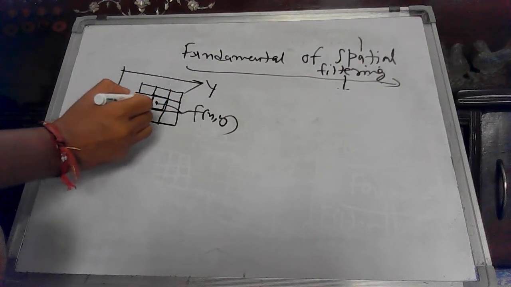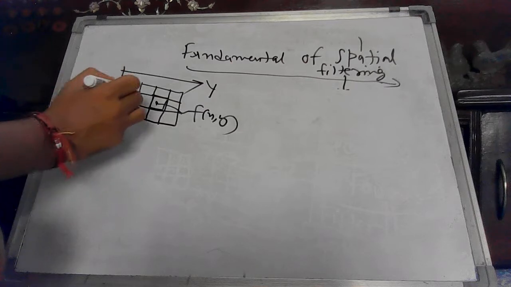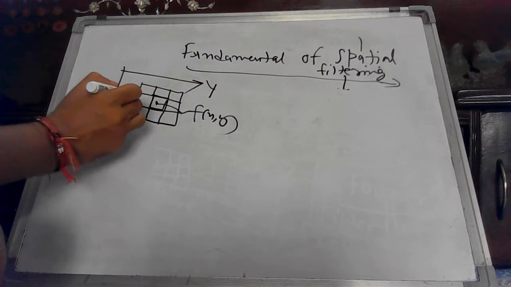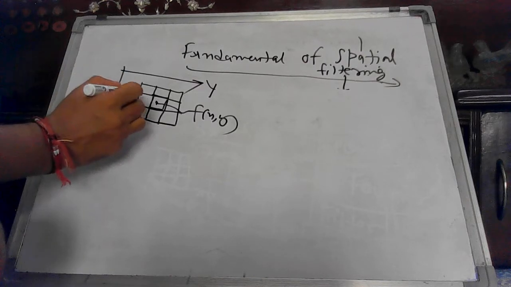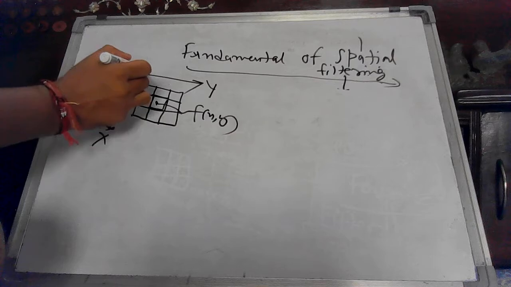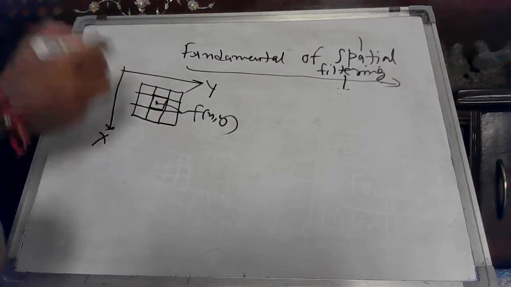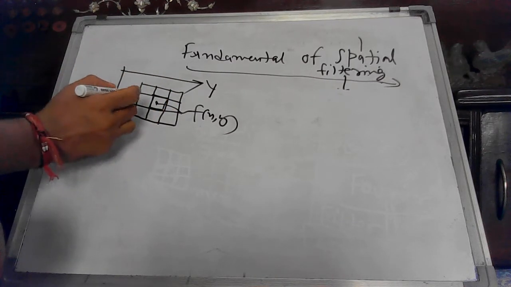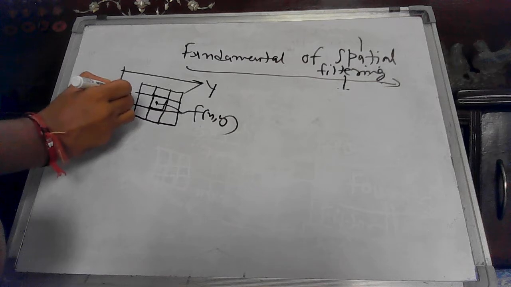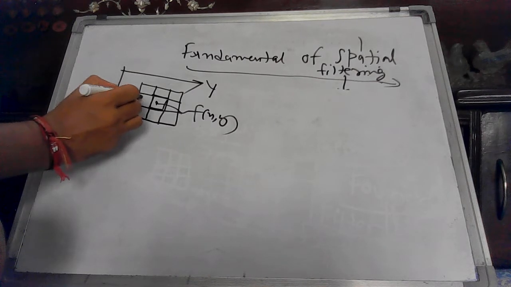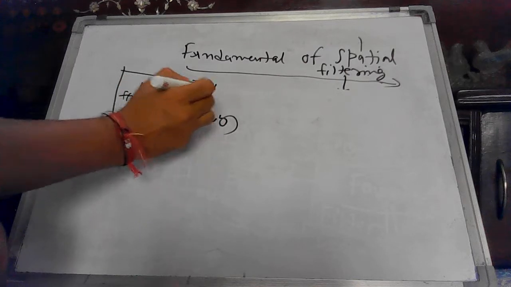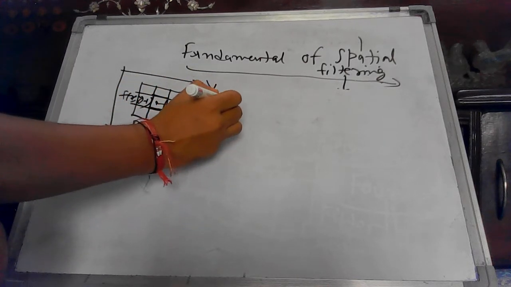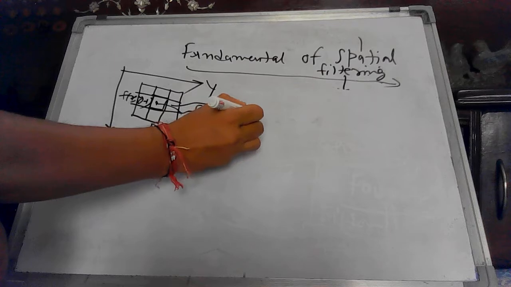And this is the x-axis. This position will be f(x, y). The x is the same; y minus 1 and y plus 1. So this pixel will be f(x, y minus 1), and this will be f(x, y plus 1).